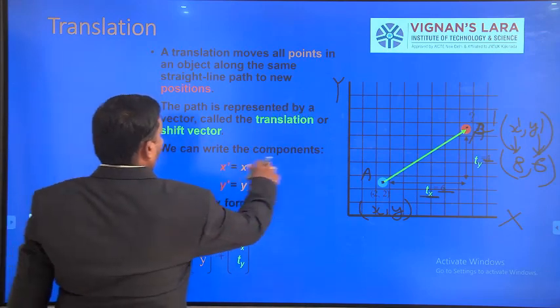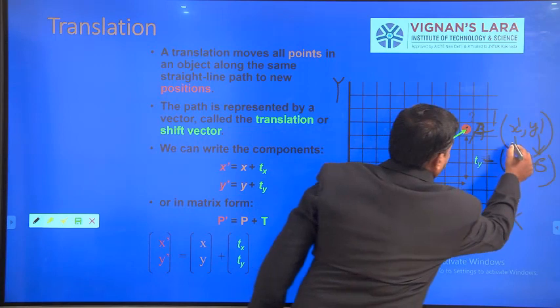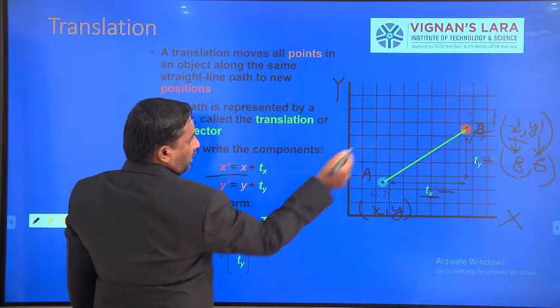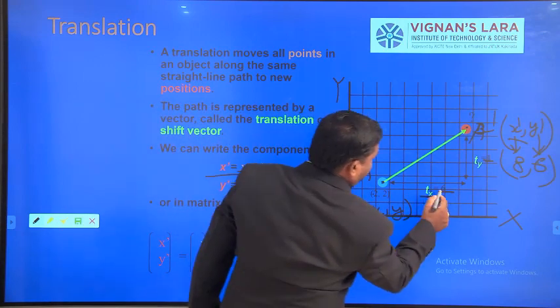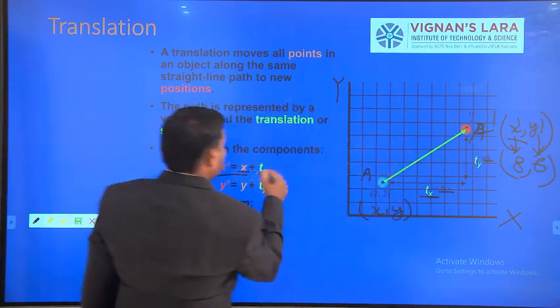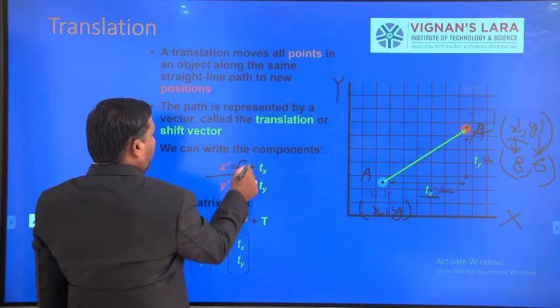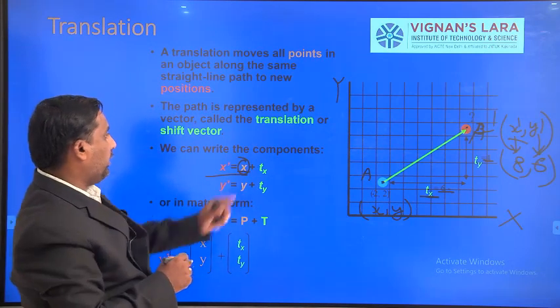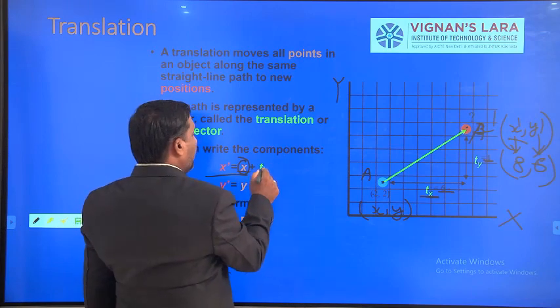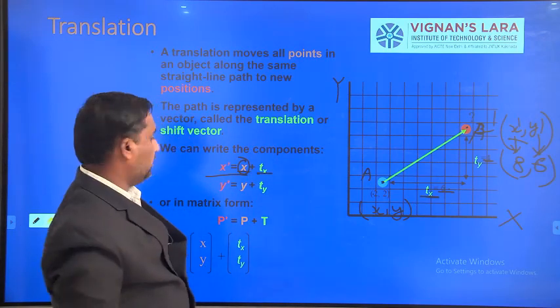You can write the components. How can we write x dash? This one is x plus tx. That means x is the initial x coordinate of the point A, and tx is translation along x direction.